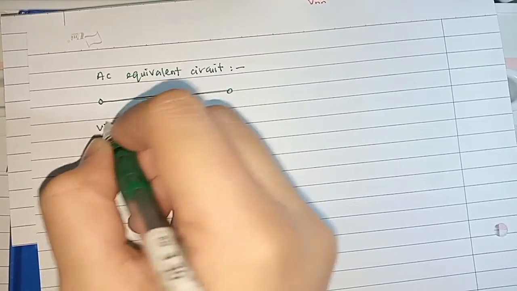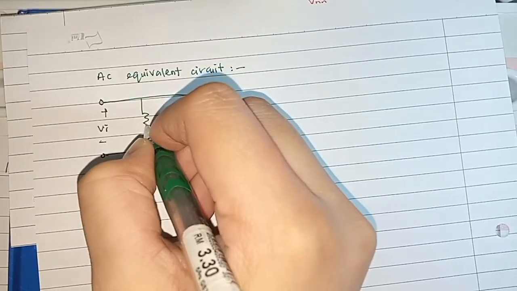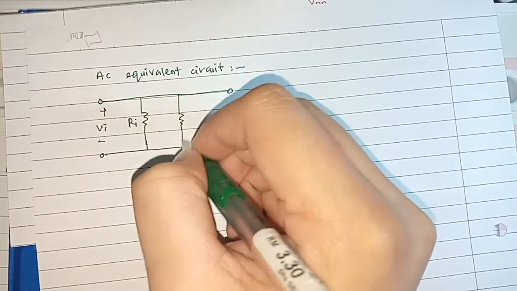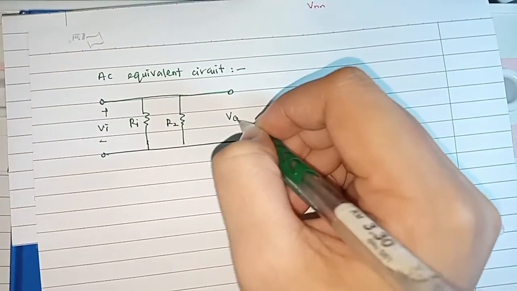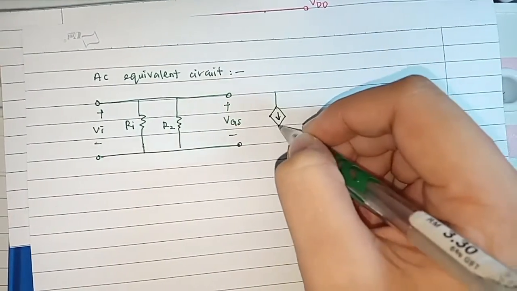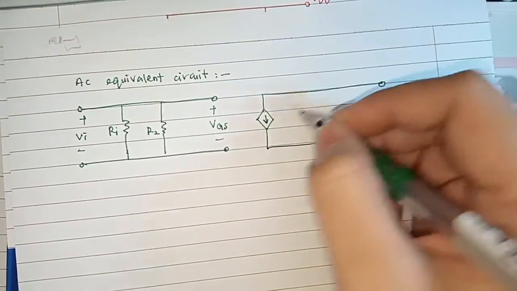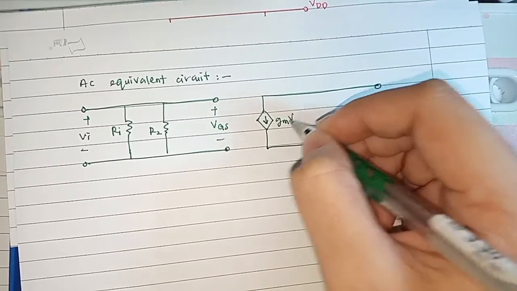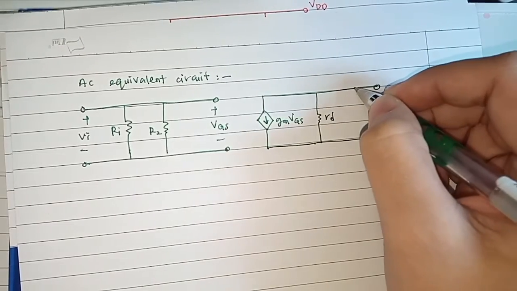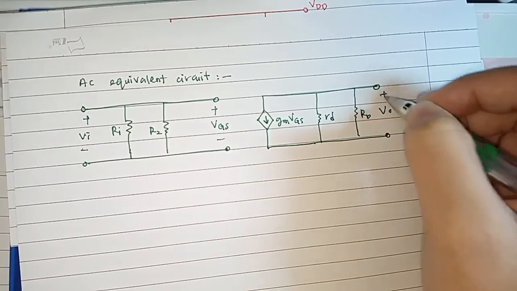Here we have Vin, here is the VGS, here we have the gm VGS, and then we have the RD, and here is the Vo.